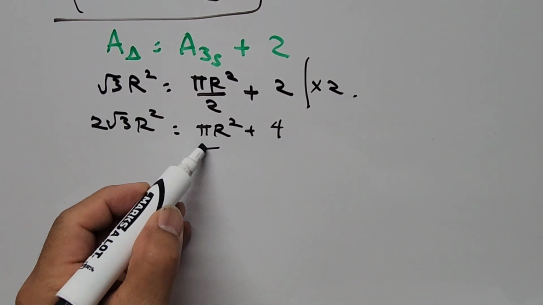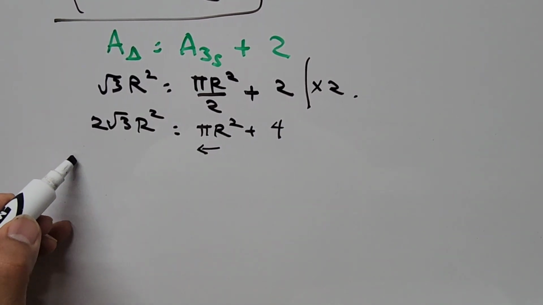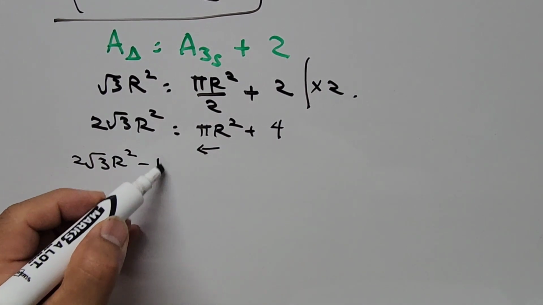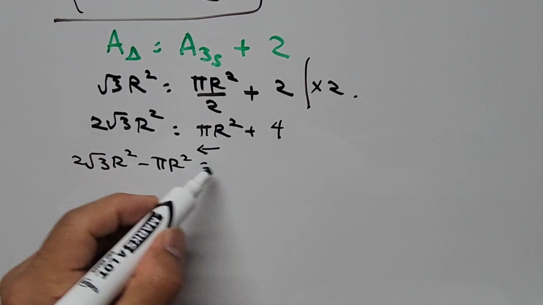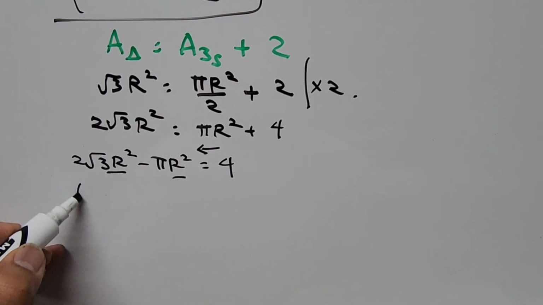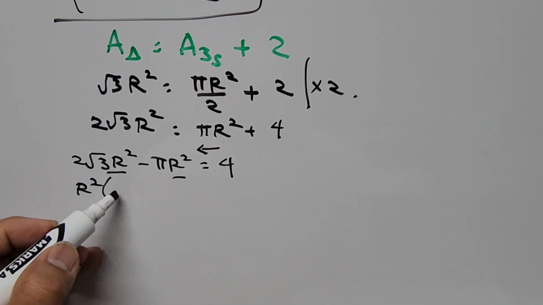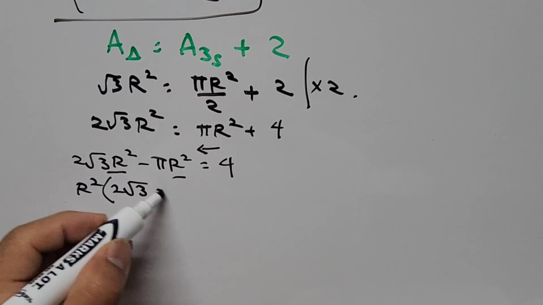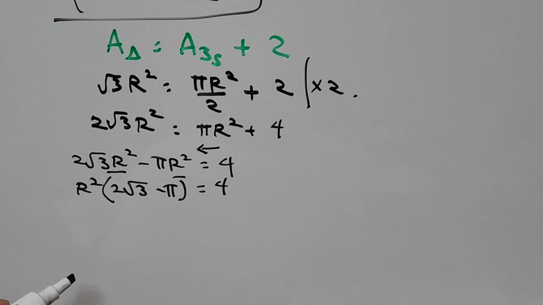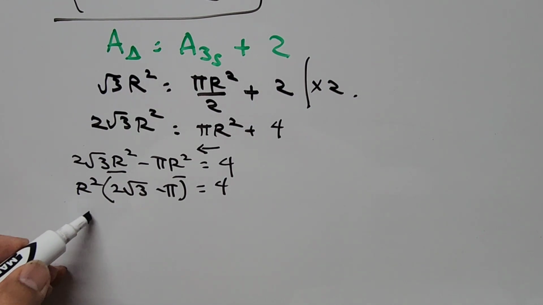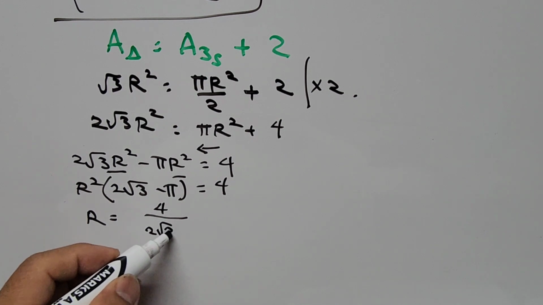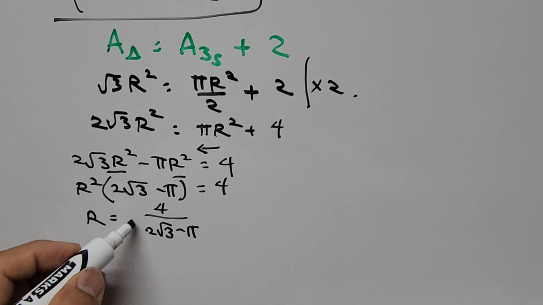Transposing this term to the left, solving for r, we have 2 square root of 3 r squared minus pi r squared equals 4. Factoring out r squared, we have r squared times the quantity 2 square root of 3 minus pi equals 4. Solving for r, we have 4 divided by 2 square root of 3 minus pi.